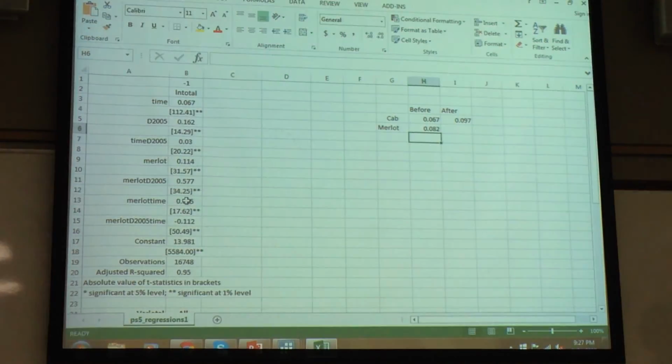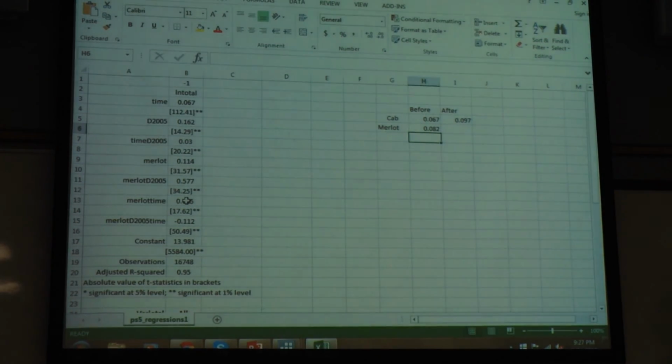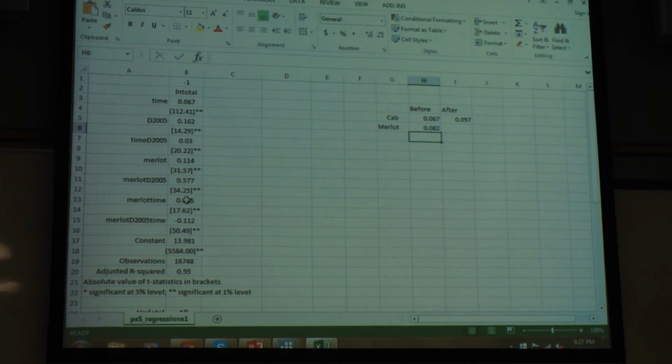Anything with after is going to be zero, because we're looking at the growth rate of Merlot before. What is the growth rate of Merlot after?